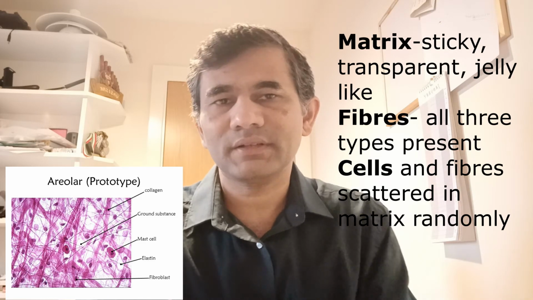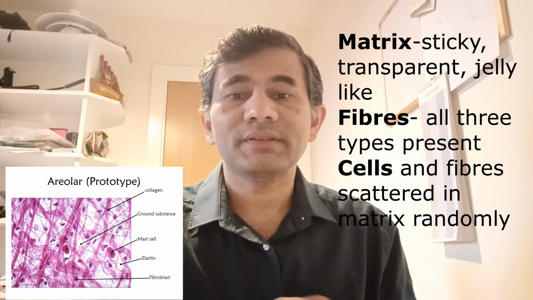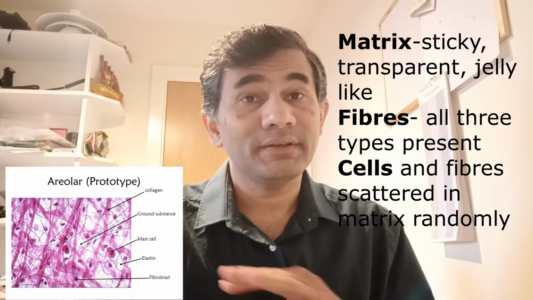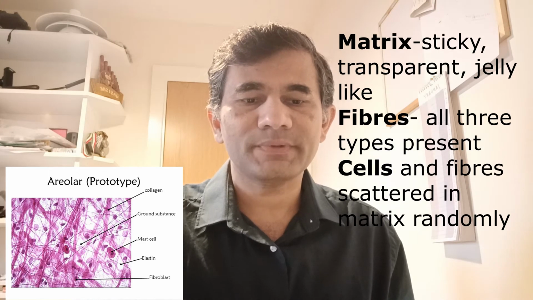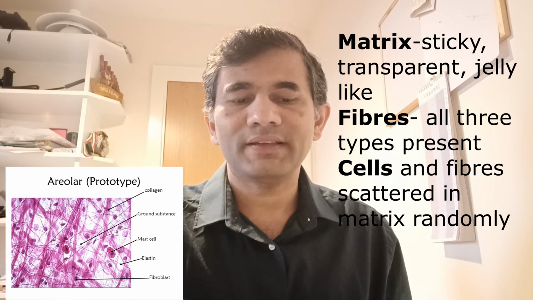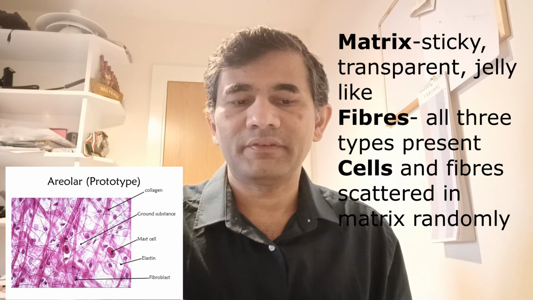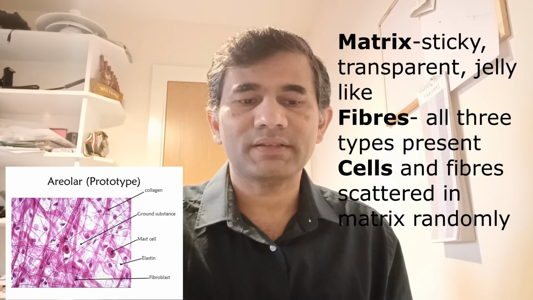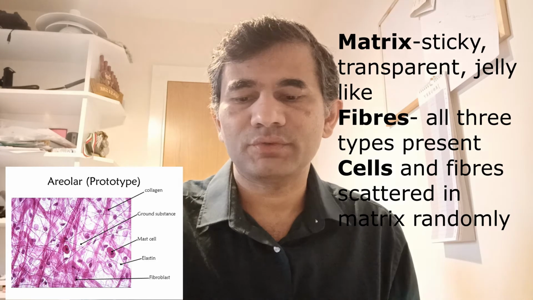So areolar connective tissue has got all three fibers. Now cells and fibers are scattered in the matrix randomly. You can see in this diagram. So ground substance lies outside the cells. There are elastin, collagen, and reticular fibers spread everywhere. And there are fibroblast cells lying in the areolar connective tissue.